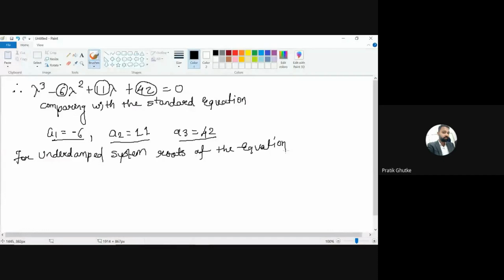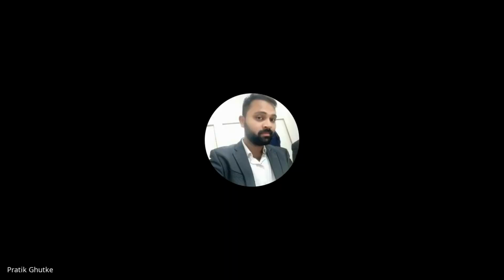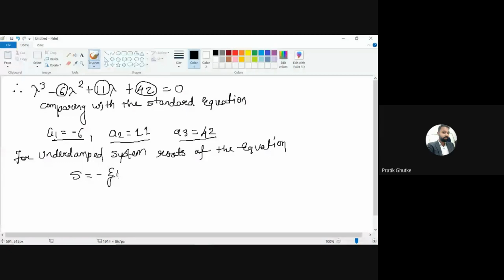Yes, you know the formula: S equals to minus zeta omega n plus minus j omega n under root 1 minus zeta square. This formula you have to keep in mind to find the roots for the equation. That is S equals to minus zeta omega n plus minus j omega n under root 1 minus zeta square.